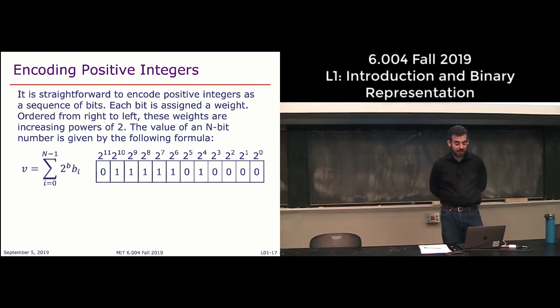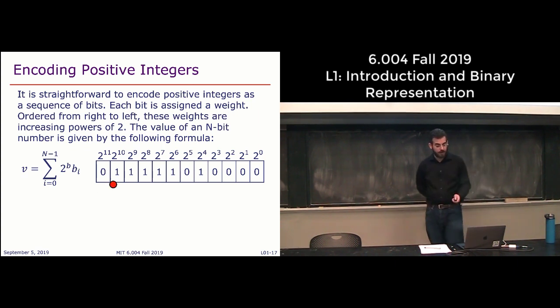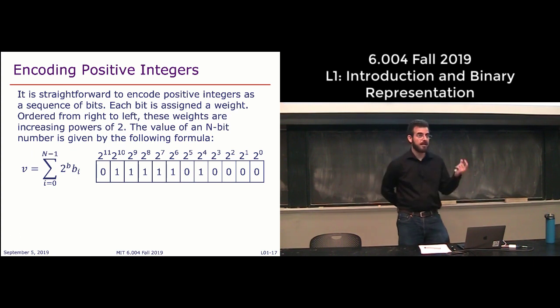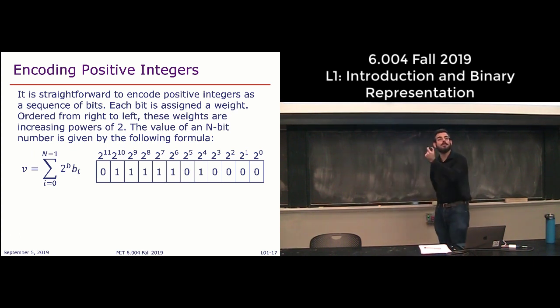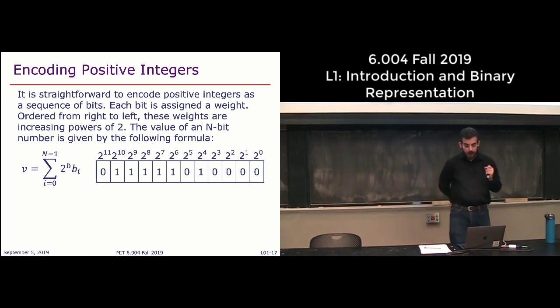The value of an n-bit number, for example this string of digits over here, is given by the formula on the left. It's 2 to the power of b, where b is the position counted from right to left, times the 0 or 1 value at that position.